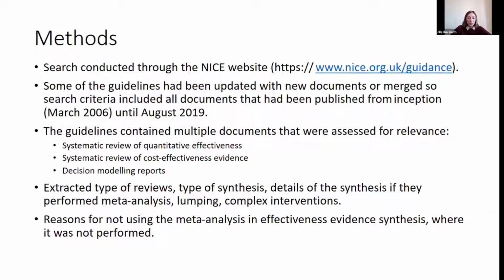We excluded qualitative reviews, field reports, expert opinions, and other supporting documents, and we extracted data on type of review, design of the included primary studies, outcomes, and details of synthesis methods. Further details on the interventions were recorded. For example, whether interventions were lumped together for a pairwise comparison, whether interventions were complex and details on the components. And we also assessed for potential use of complex intervention evidence synthesis methodology.